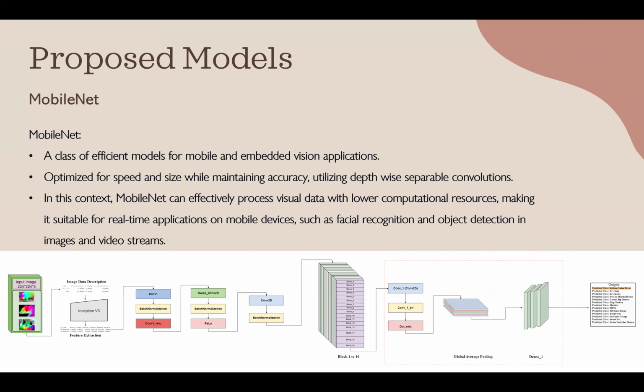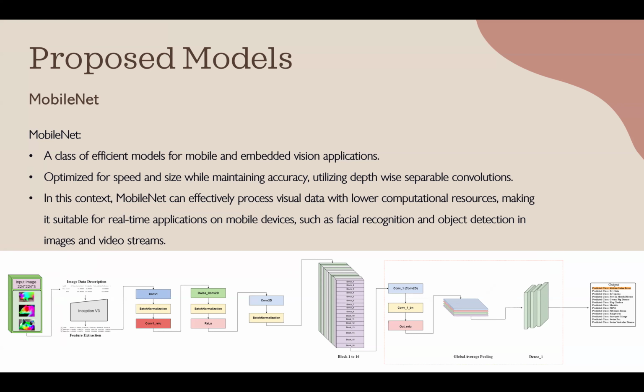Coming to the MobileNet, it is a smart mobile model for phones and tiny computers, quick and small but still accurate, thanks to special math, in which it easily calculates within instant moments. It helps phones see things fast without using too much power, like recognizing faces quickly.